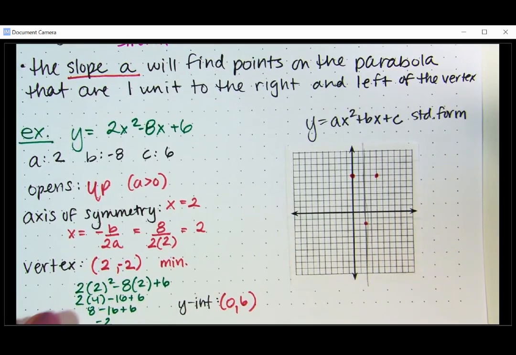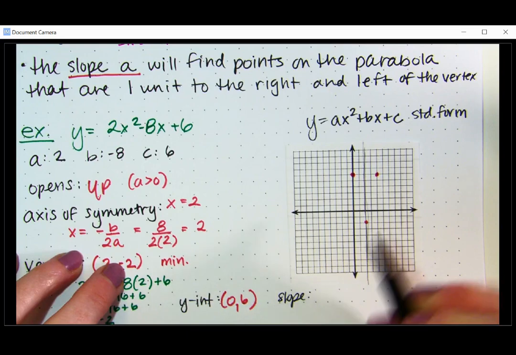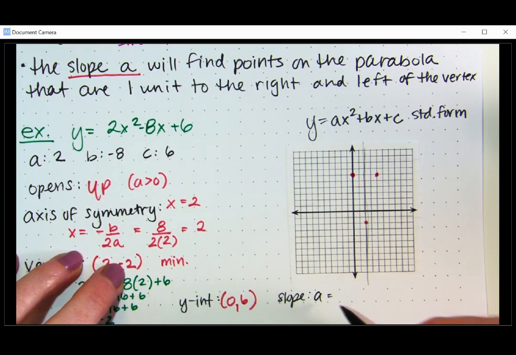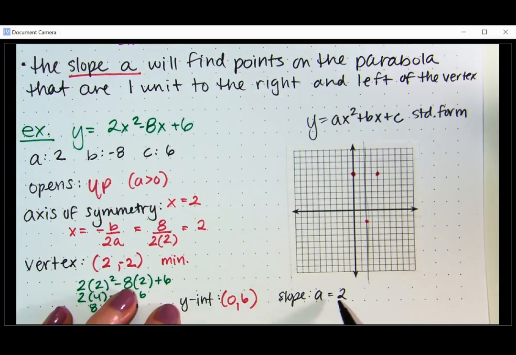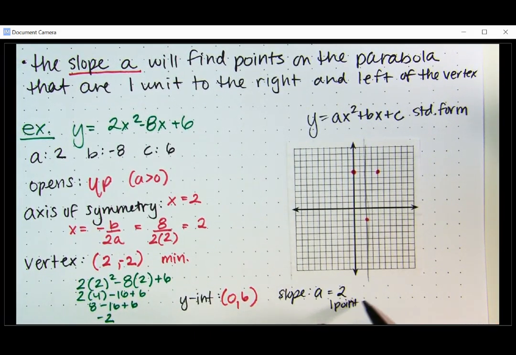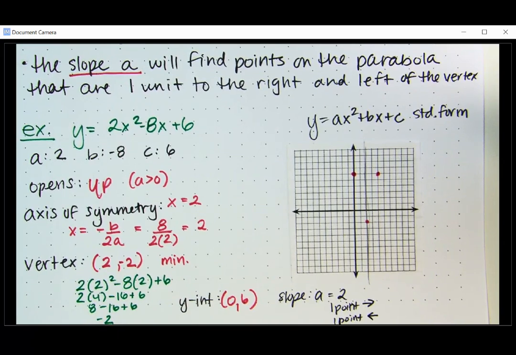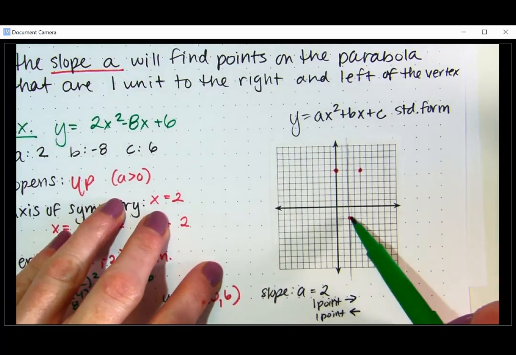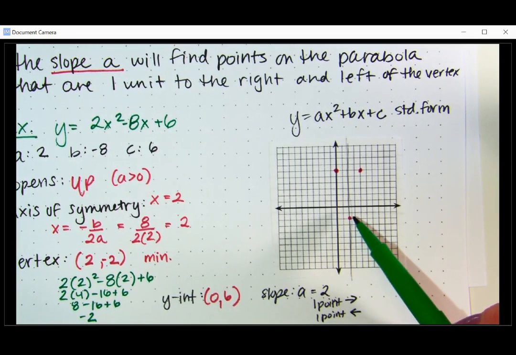Okay, so the slope is A. So we're going to add a little note here that says slope is A, which is 2. So this will find me 1 point to the right and 1 point to the left. So what that means is I'm going to take the vertex and I'm going to find the next point by using the slope 2.